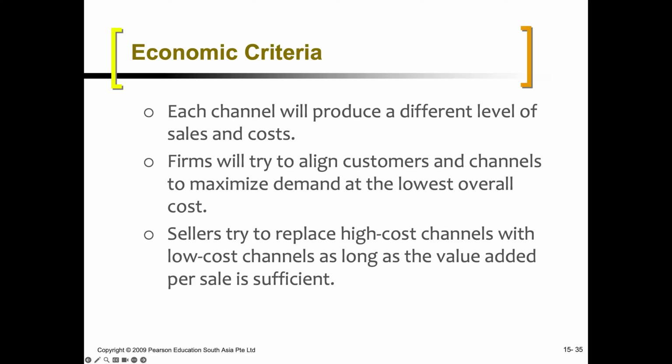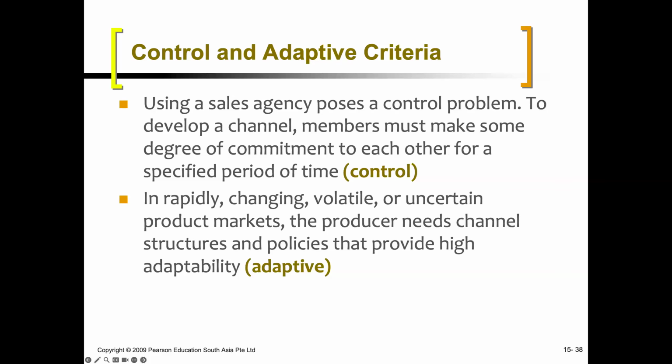To develop a channel, members must make some degree of commitment to each other for a specified period of time, which can actually solve the control problem. So in rapidly changing, volatile, or uncertain product markets, the producer needs channel structures and policies that provide high adaptivity.